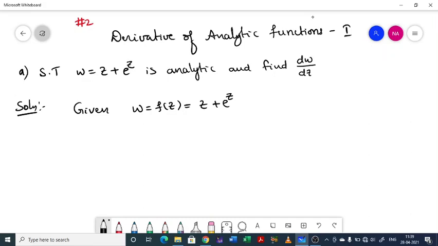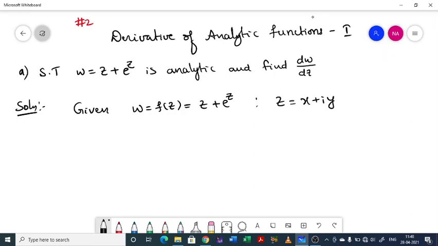Looking into this, you can check that Cartesian form is most suitable. So I take z equal to x plus iy. That we have to explicitly verify. It is not fixed that for this function Cartesian, for other function polar. You have to verify whether Cartesian form is best or polar form is best to find the derivative.